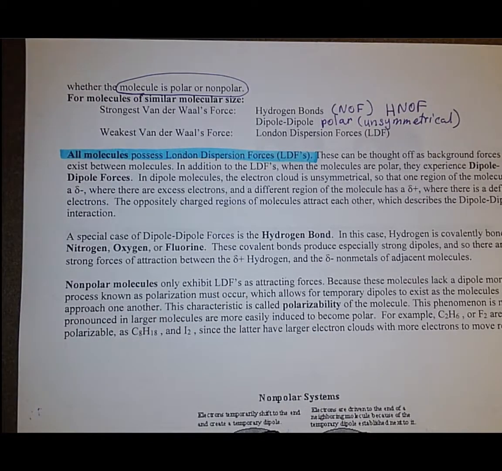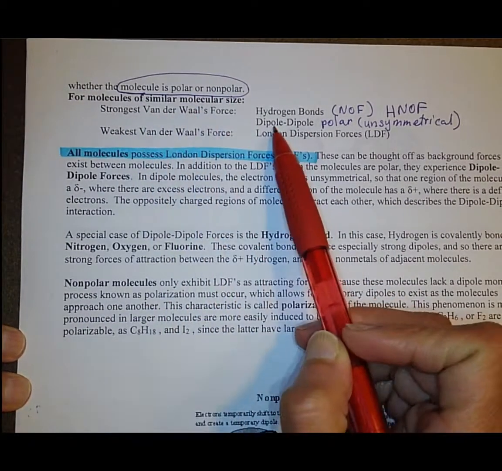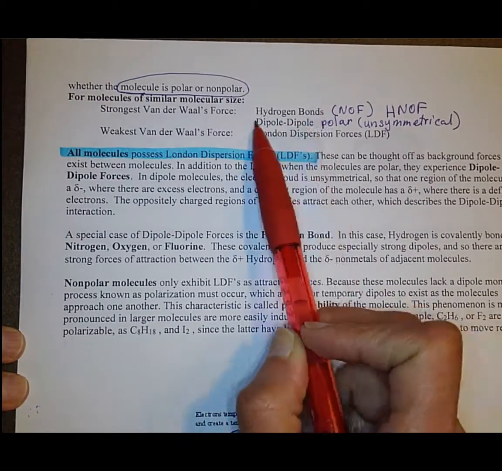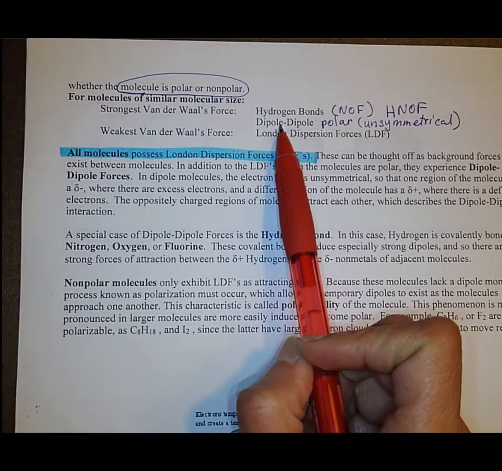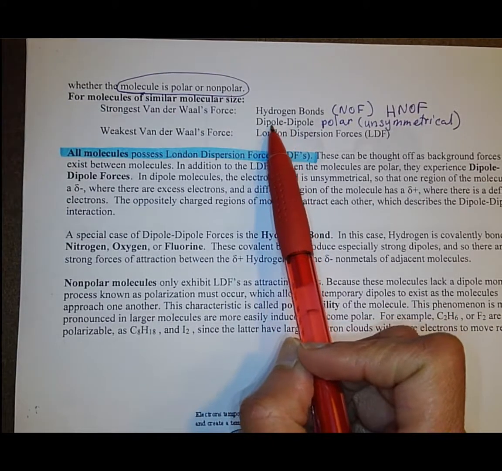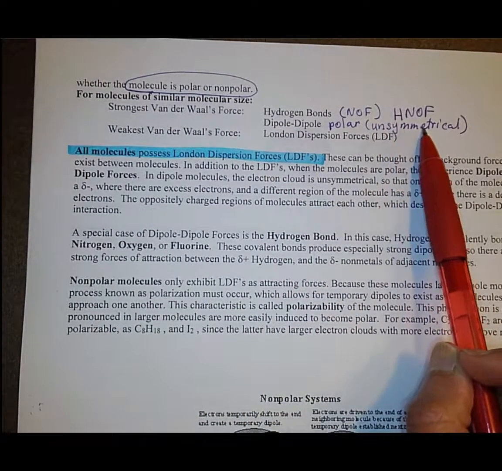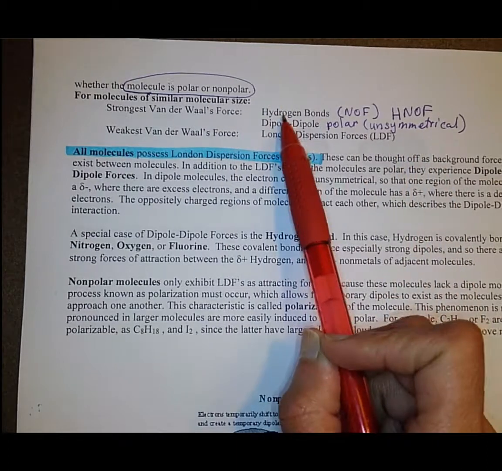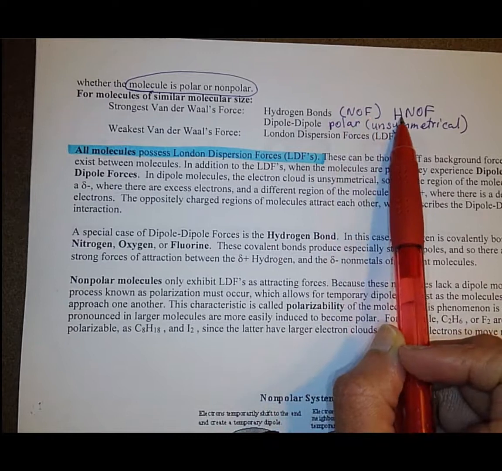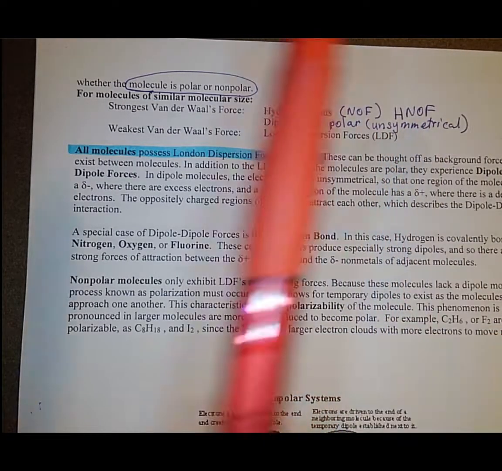Just to clarify, when we talk about strong van der Waals forces, we're talking about both hydrogen bonding and dipole-dipole, which are polar covalent compounds or molecules. The dipole-dipole, remember, is the unequal sharing, so it's unsymmetrical. The hydrogen bonding is also unsymmetrical because you have a hydrogen bond that forms between nitrogen, oxygen, or fluorine.